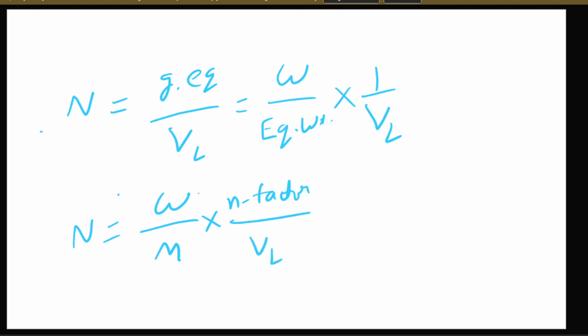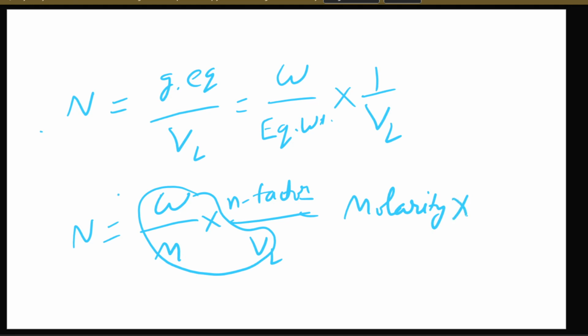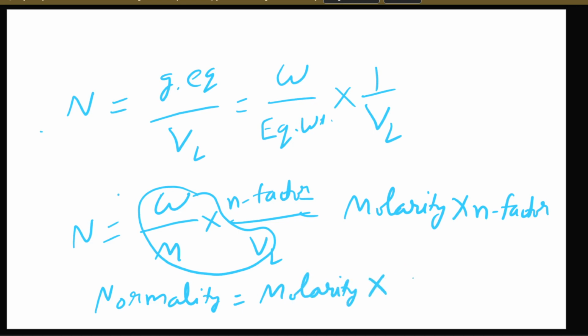So this is weight divided by molecular weight and divided by V in liter, which is equal to molarity. So molarity multiplied by n factor is equal to normality. You may always remember this formula: normality is equal to molarity multiplied by n factor.